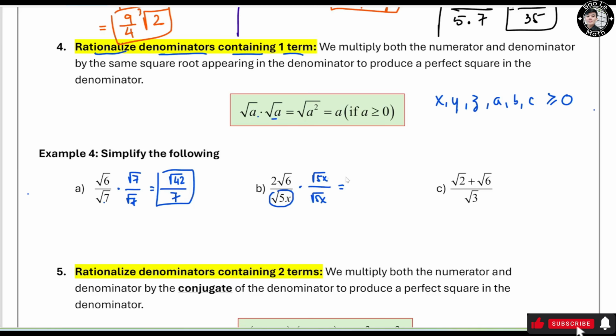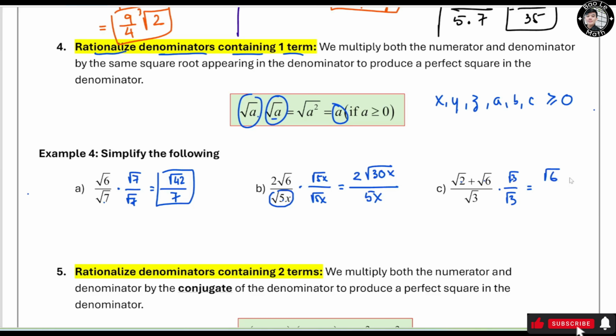Alright, so we have 2 root 6 times root 5 is going to be root 30, and we have s, right, over root 5s times root 5s is going to be 5s, right? We're going to multiply the top and bottom by root 3, right? So root 3 times root 2 is going to be root 6.